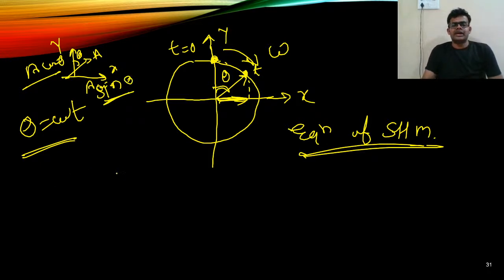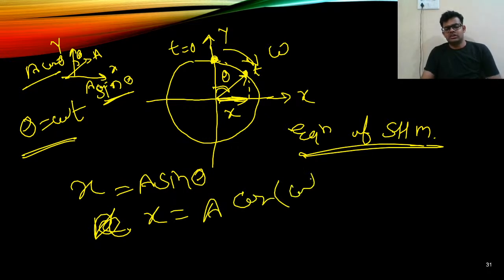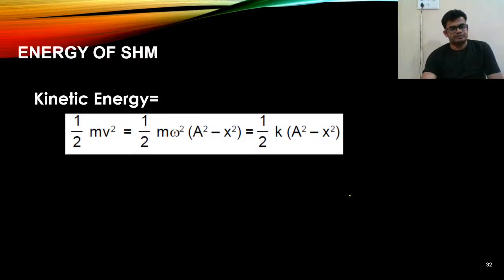So x is equal to a sin theta, and theta is equal to omega t. So you got the equation of SHM. That's all. This is the simple answer for this question, and all of you can do it. If you understood it very well, you can solve the questions. It is in NCERT also, and it came in NEET. So again, it will come definitely.